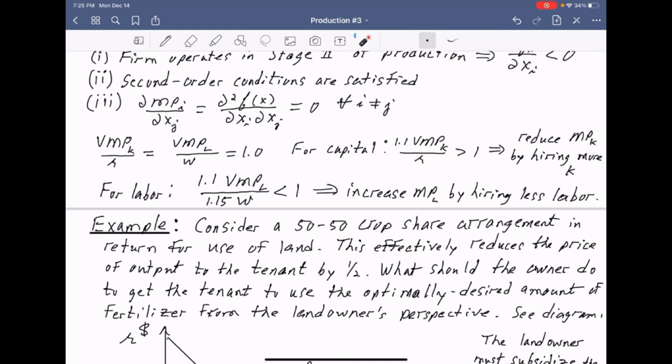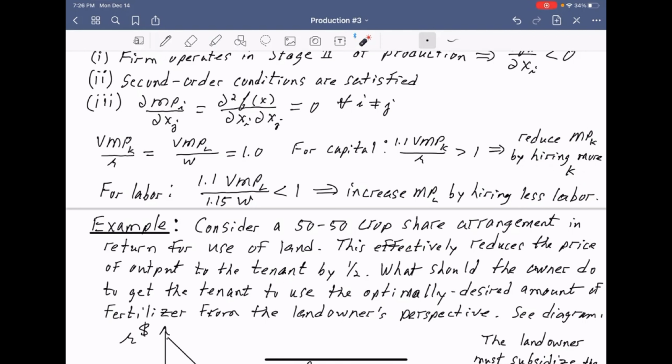So what do they do if the marginal product of capital times this 1.1 divided by R now exceeds 1? Well, you have to reduce the marginal product of capital by hiring more capital. That's the only way you're going to reduce the marginal product. That's the only thing that you can change as an agent, because all you can do is hire a different amount of capital. You cannot change the prices.